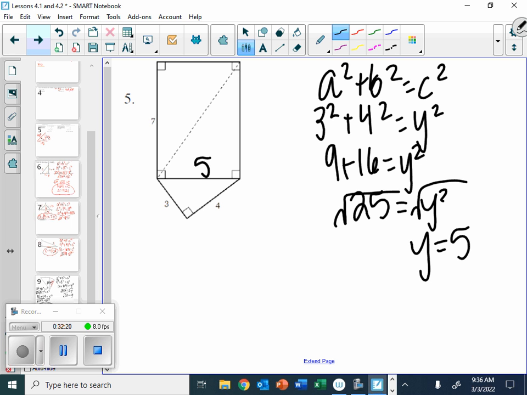And what type of shape is this? Rectangle. So what does that mean this side is also 7? We haven't talked about rectangles, but we should know basic rectangle properties. That means this side is 7, and what's this side going to be? 5.